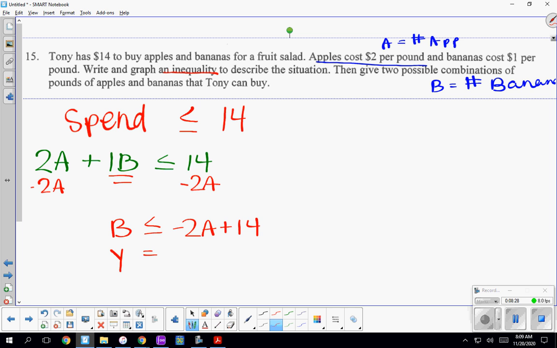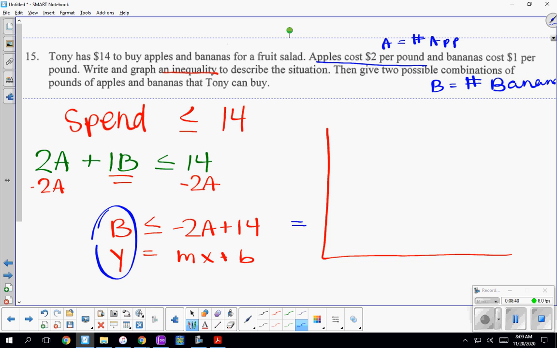And this is already kind of in y equals mx plus b form. So if I graph it, and I don't need negative numbers, because remember we're talking about pounds of apples and pounds of bananas. Here I'm using b as my y value. So this guy represents my pounds of bananas. And this guy represents my pounds of apples. And I'm going to start with my y-intercept, which is 14.